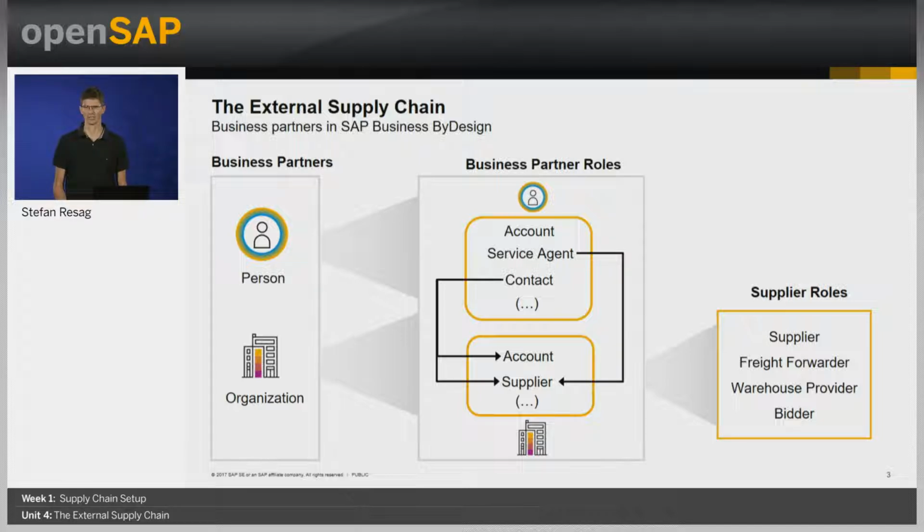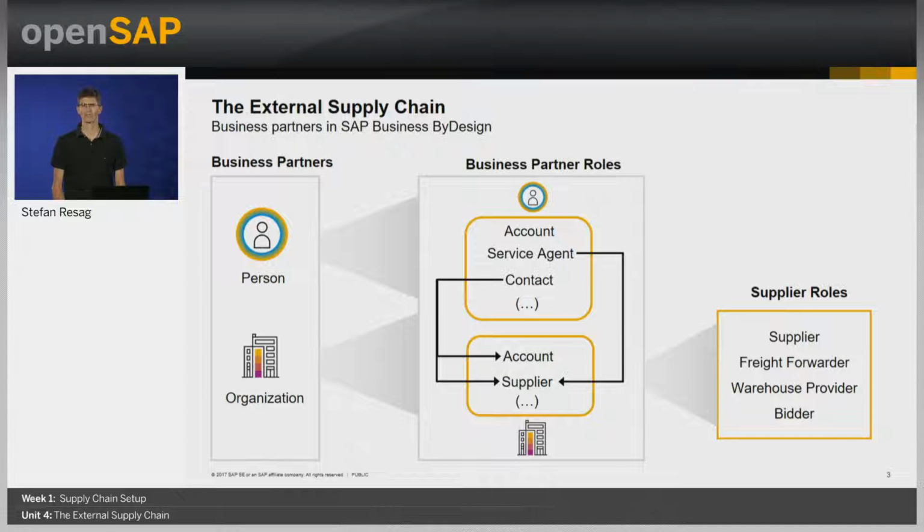Business partner organizations could, for example, be suppliers. But in a B2B type of business, also again accounts. Here the account represents a company that buys goods from your company. In the system, each business partner only needs to be created once, and then you can assign multiple roles to it.